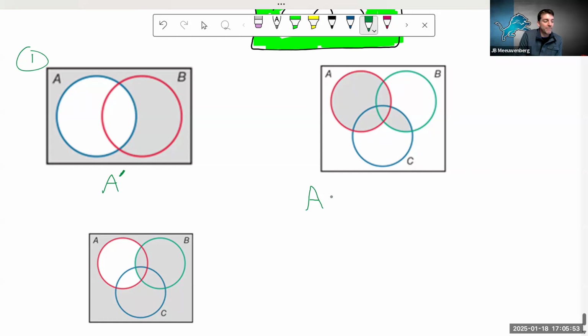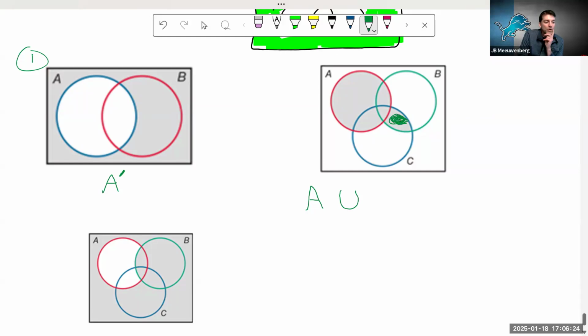So everything inside set A is shaded, but then we've got this extra little piece right in there. So how do we take everything in set A and add it to this? Well, we do it with a union, right? We are going to take set A and union it to something else. So we have to figure out how to make a union of set A with this thing.